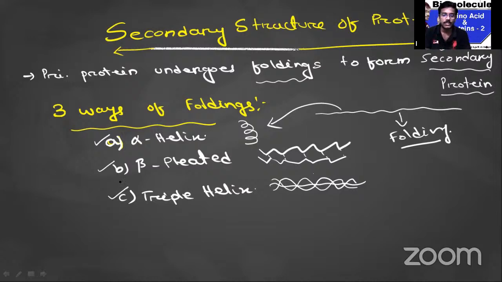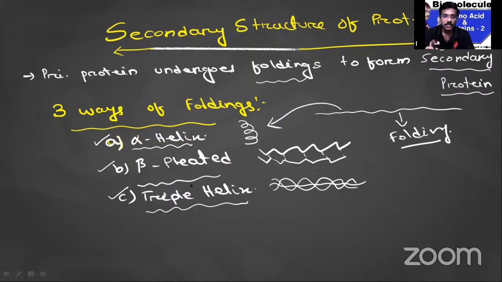Here we have to discuss three kinds of folding that make the secondary structure of the protein. The alpha helix is a secondary structure, the beta pleated protein is a secondary structure, and the triple helix is also a secondary structure of the protein.